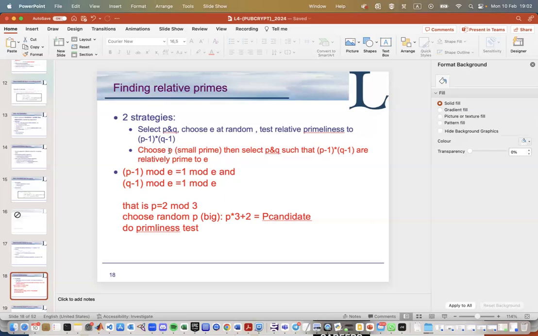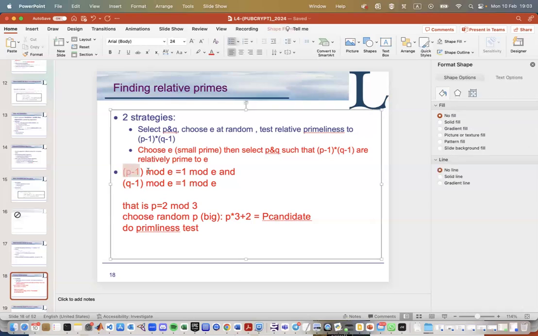But you start with E, which is small, and then you need to find such P and Q. So you do a kind of reverse engineering of the algorithm, so that their product, with one subtracted from each, is relatively prime to E. And what does it mean?